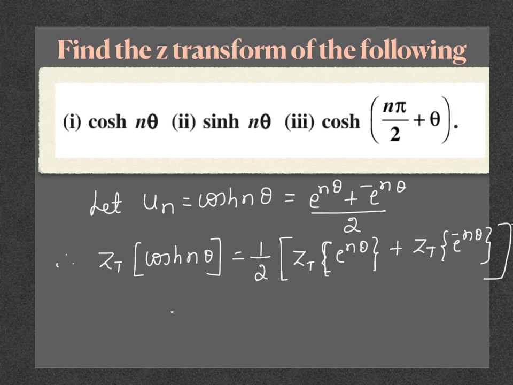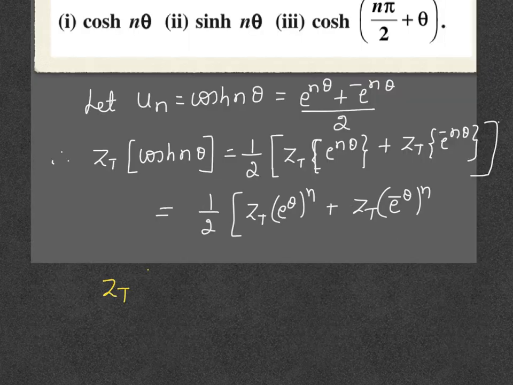Next, we take this in the k power n format, like Z transform of e power theta power n plus Z transform of e power minus theta power n. So we know the result: Z transform of k power n is z by z minus k.